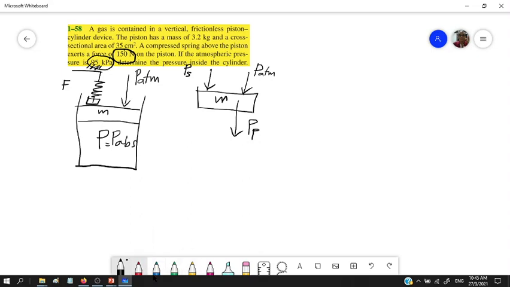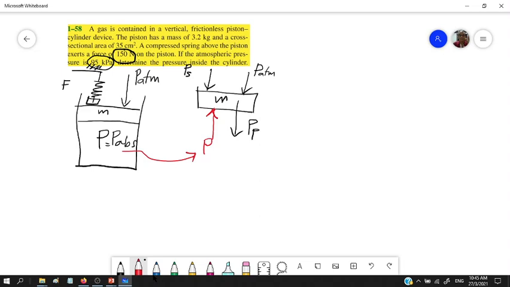To keep the piston not moving, we have a resultant pressure P, which represents the P of the gas.